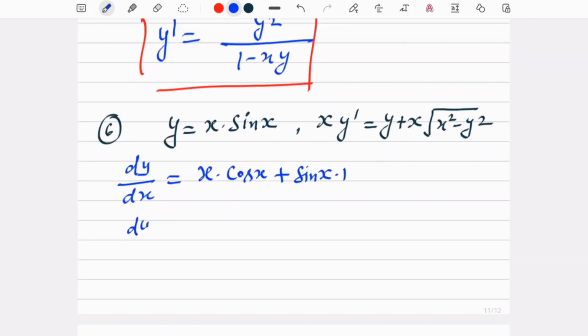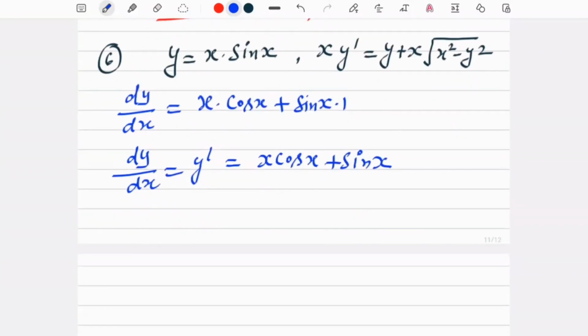So I have dy by dx, which means y dash, equals x cos x plus sin x. Yes, sir. Next, we can find x y dash. Okay, multiply by x, so it will be x y dash equals x square cos x plus x times sin x.